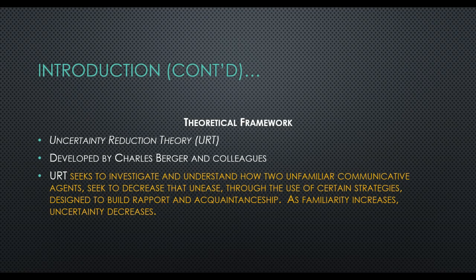And as they gather that information, and as that information connects with the person and they start to build rapport, what is called in URT affiliation or affection increases. As they start to build rapport, hey, I'm from Detroit. Hey, I do that for a profession. And they start to have some connection with that other person, affection or affiliation rises. As that rises, uncertainty decreases, and also the need for additional information to build that rapport also decreases.